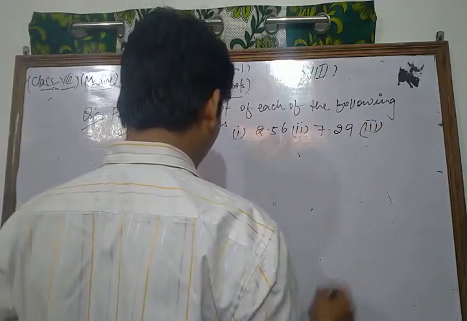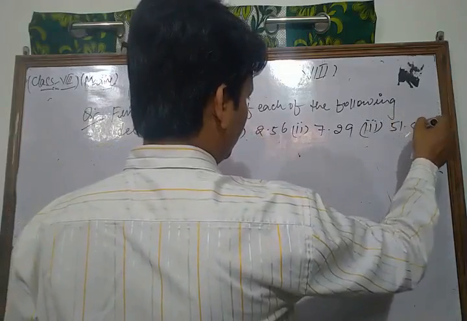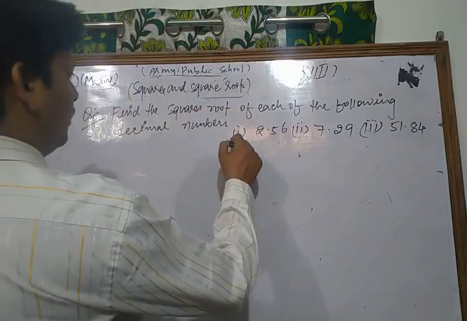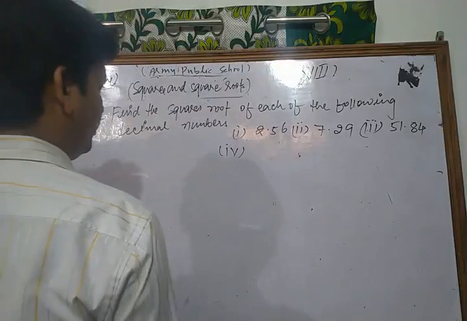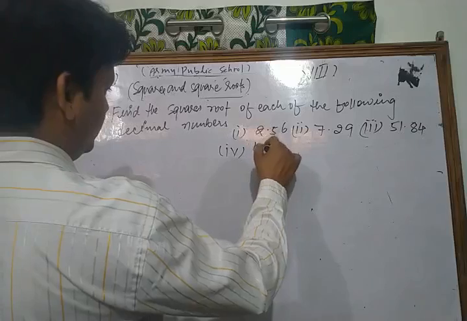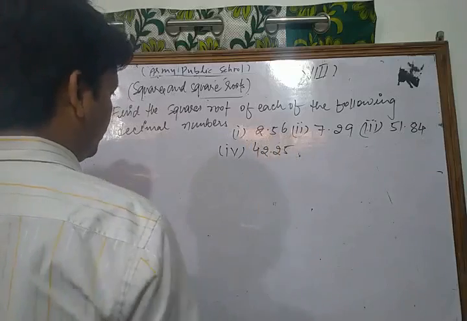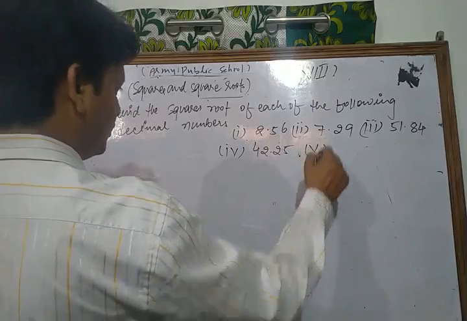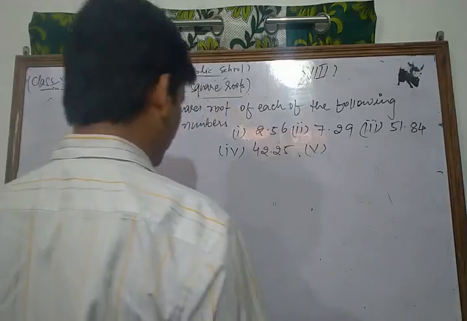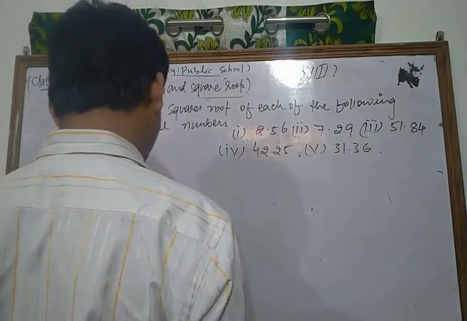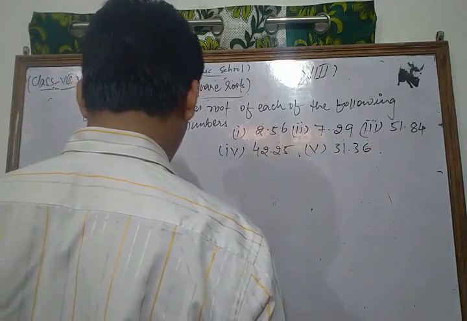Third one, 551.84. Fourth one, 42.25. Fifth one, 31.36.